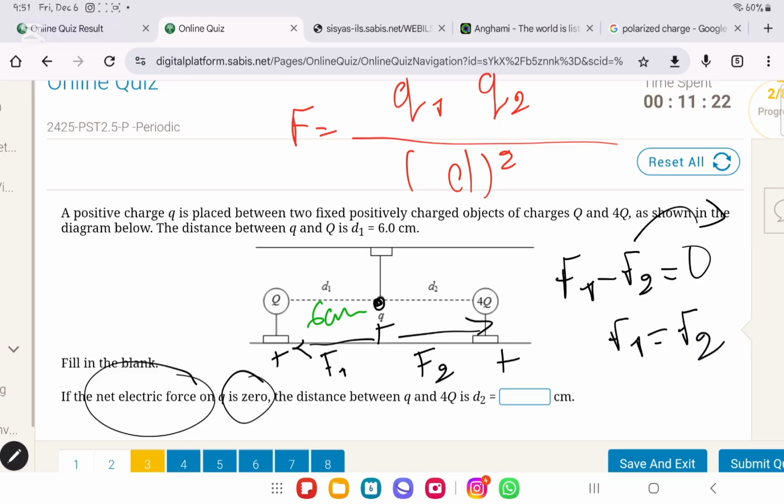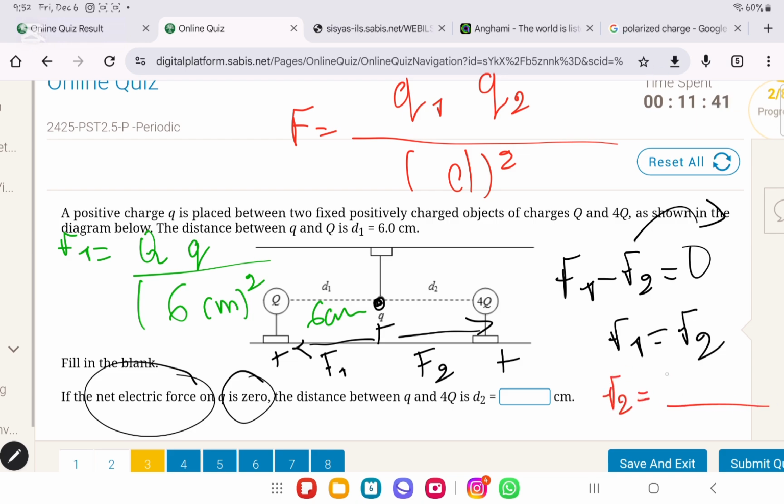Now, very simply, what we are going to do is find F1 and F2. To find F1, we are going to do the quantity Q multiplied by the quantity small q divided by the distance, which is 6 centimeters squared. Now, to find F2, we are going to do the quantity 4Q multiplied by small q divided by the distance 2 squared.